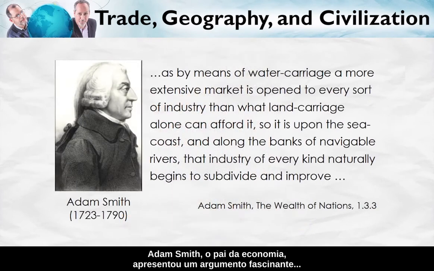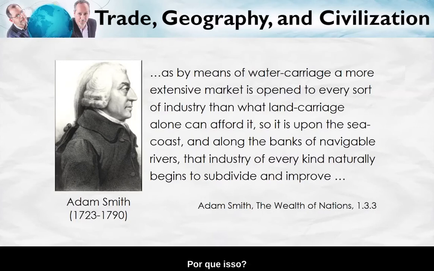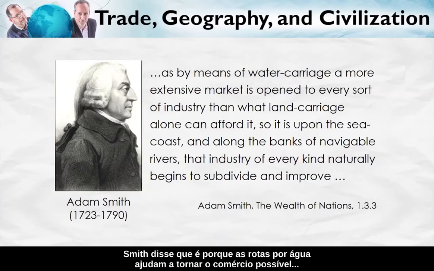Adam Smith, the father of economics, even made a fascinating argument connecting trade, geography, civilization, and growth. Smith looked around the world and he noticed how often civilization begins near seacoasts or along big rivers. Why is this? Smith said it's because waterways help make trade possible, and that increases the division of labor and specialization, and thus it boosts economic growth.